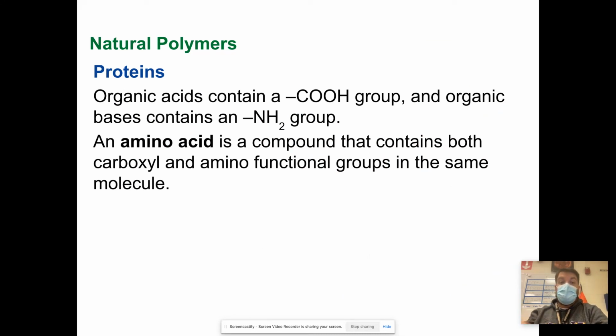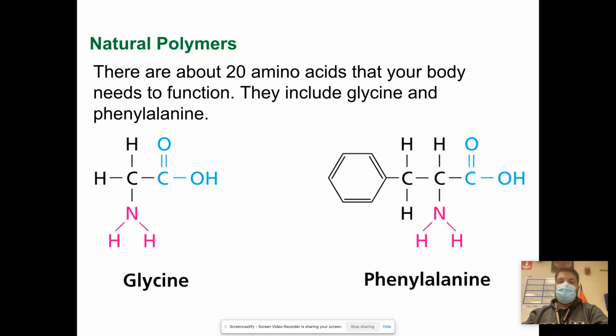Anyways, proteins are organic acids that contain the COOH group, and the organic bases contain the NH2 group, when we talked about those yesterday. An amino acid is a compound that contains both carboxyl and the amino functional groups in the same molecule. So here's an example.